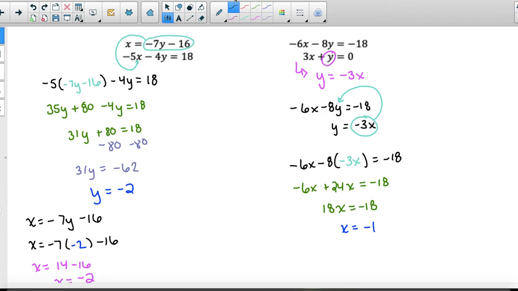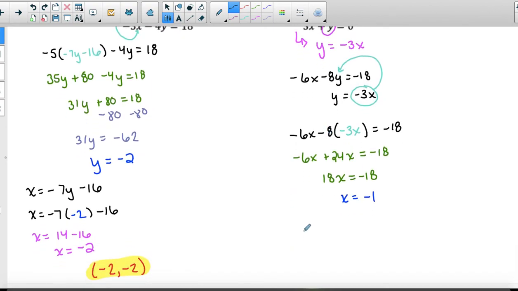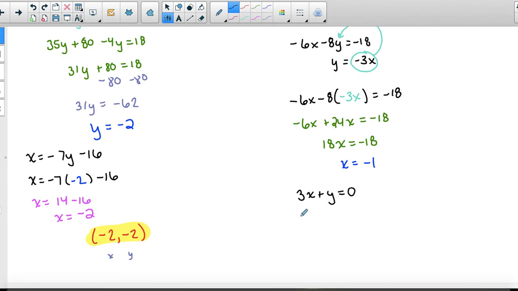So in this video, I will plug it into my second equation of 3x plus y equals 0. I'll do 3 times, my x is negative 1, plus y equals 0.